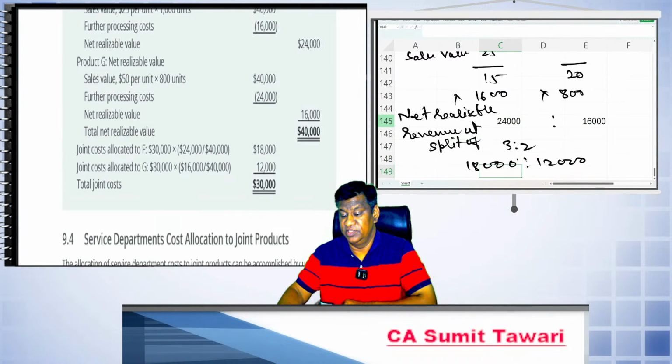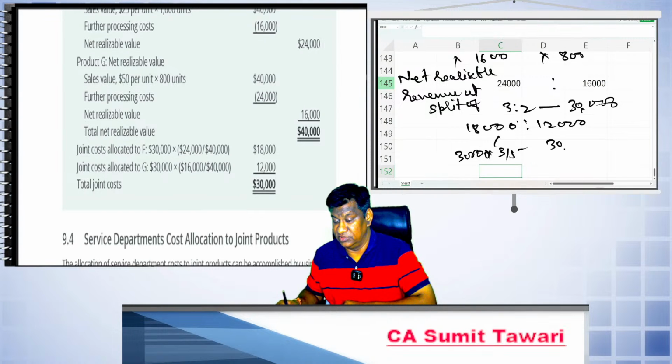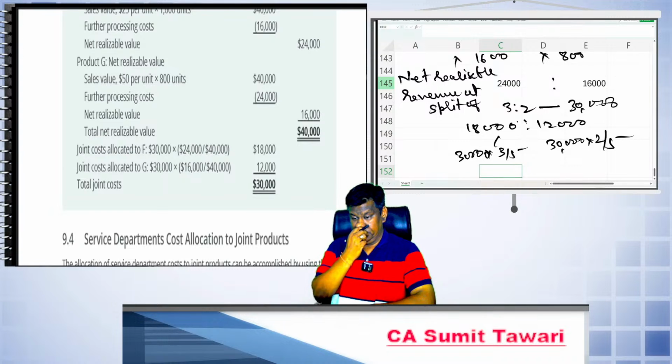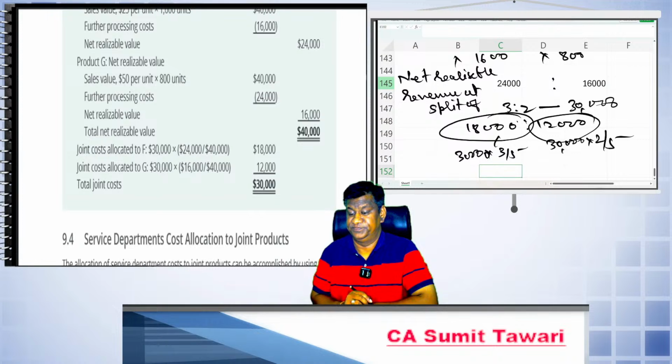So it is basically 3 is to 2. If I apply 3 is to 2 to 30,000, it is 30,000 multiplied by 3 divided by 5 and 30,000 multiplied by 2 divided by 5. This way we calculate 18,000 and 12,000.